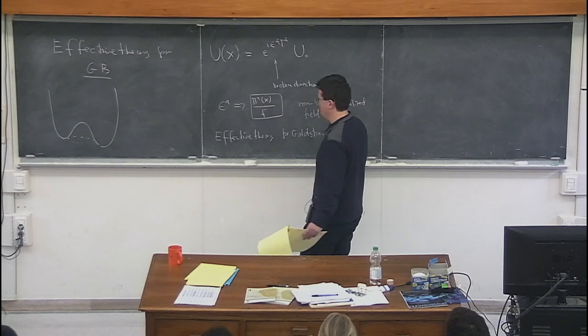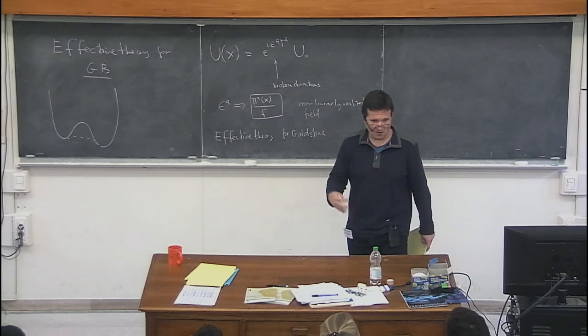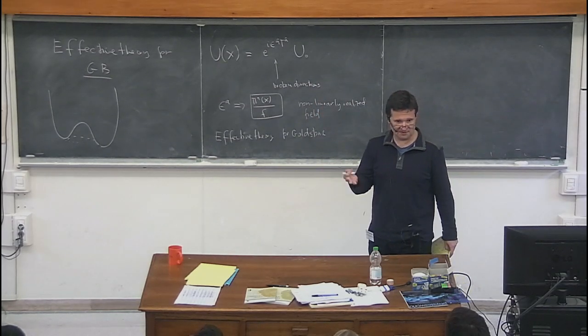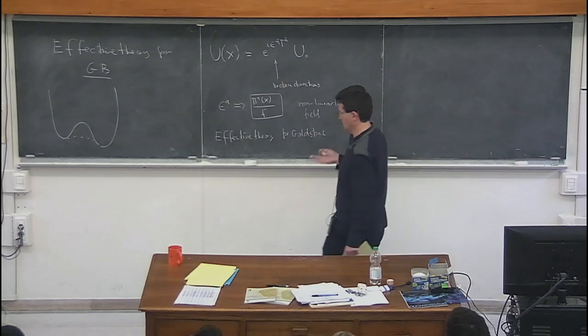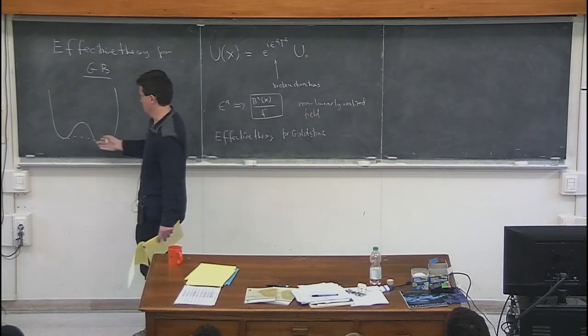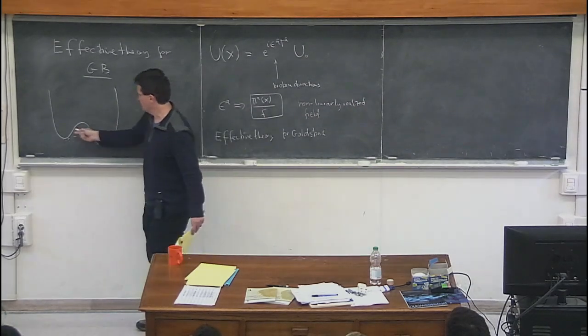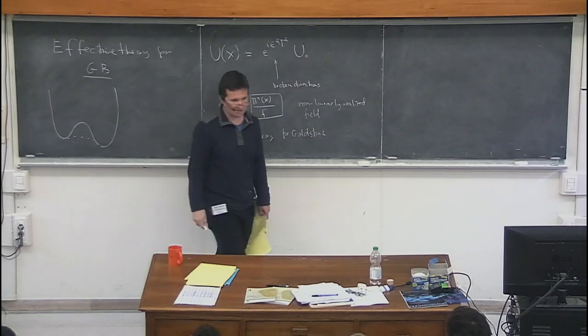And it's an effective theory in the sense that, of course, the theory with the global symmetry breaking has more fields in it than the Goldstone itself. But the Goldstones are the ones that are light. They are the ones that are describing the excitations around the bottom of the potential.